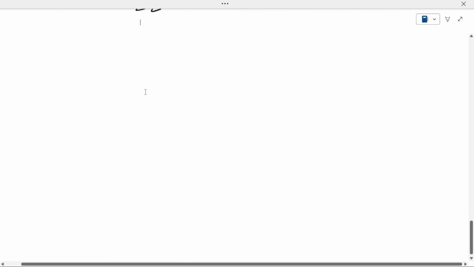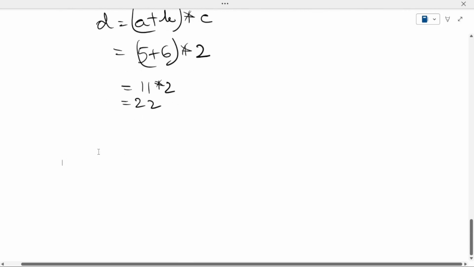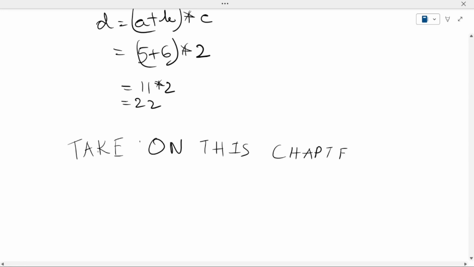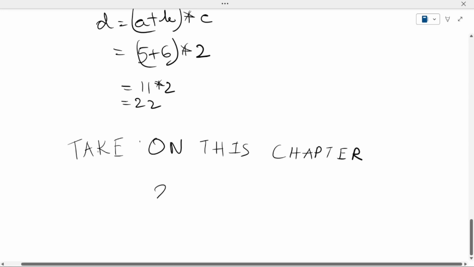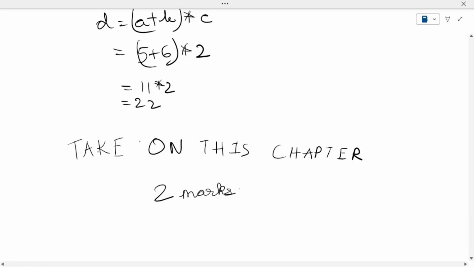So my take on this chapter. Note this. If I have to tell you one thing, this chapter is very easy. 2 marks, sure shot on your board paper.